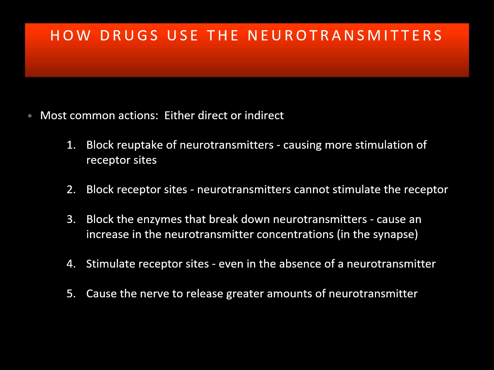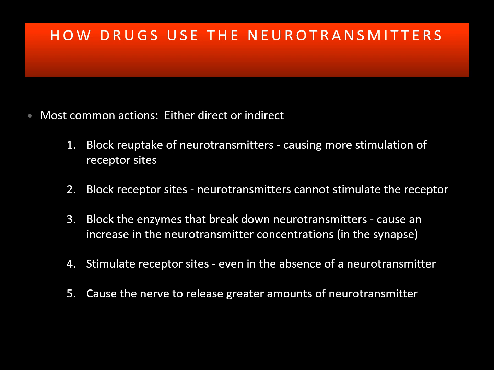Two, it can block the receptor site, which means that the neurotransmitter can't stimulate that receptor. It's just sort of floating around, not producing an action. Three, it can block the enzymes that break down those neurotransmitters, so again, those MAO or COMTs. And then it can't even produce that enzyme. If there is no enzyme around, it can't break down or reuptake those neurotransmitters.